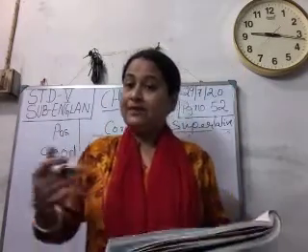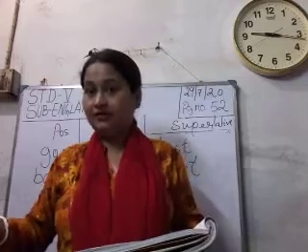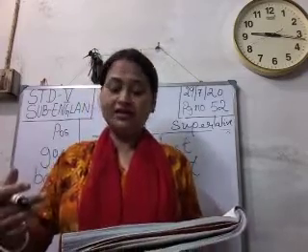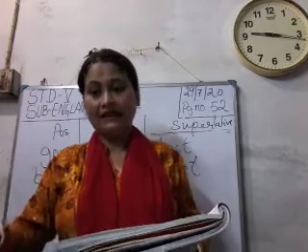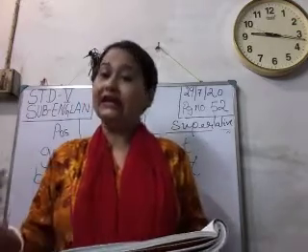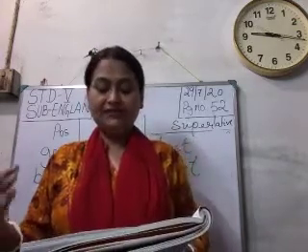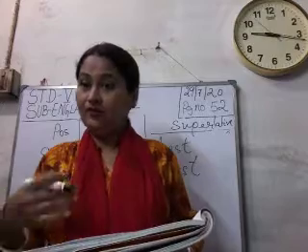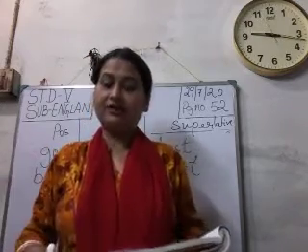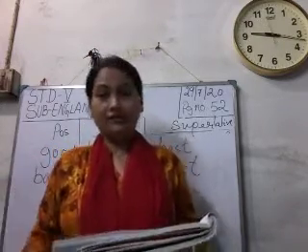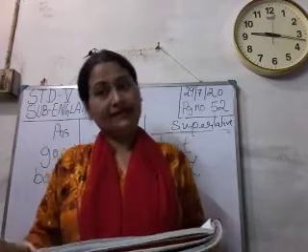Now my brother is elder to me. When we talk about relation, the comparative form of old will be elder, eldest. But when we talk about age, old becomes older and oldest. Older and oldest when we talk about age, and when we talk about relation, we say elder and eldest.